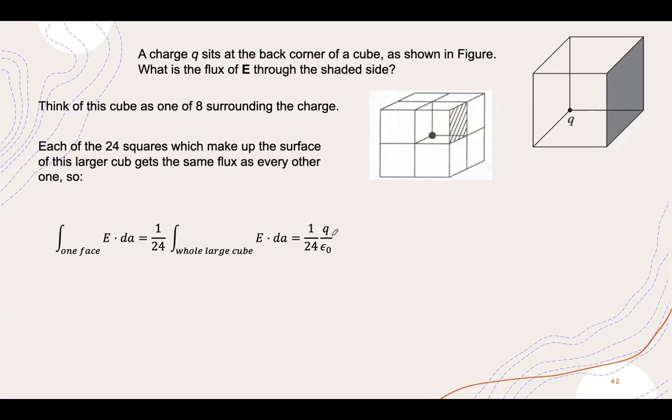And you know that from Gauss law, it should be Q enclosed divided by epsilon naught. Since we have only a single charge here, this is Q divided by epsilon naught, and the 1/24 factor basically comes from the symmetry requirement. So it means from one of the faces here, we're going to get Q over 24 epsilon naught.